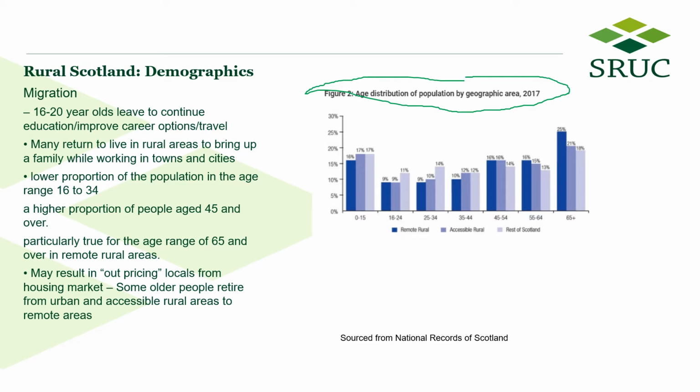The last point is we can see this is definitely showing that age 65 and up is a higher proportion of those who are 65 and up in these remote rural and accessible rural locations.